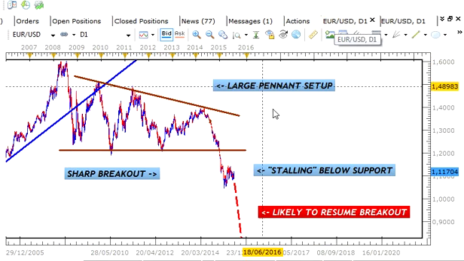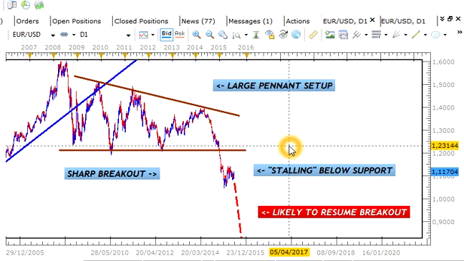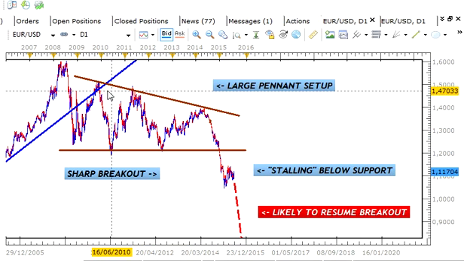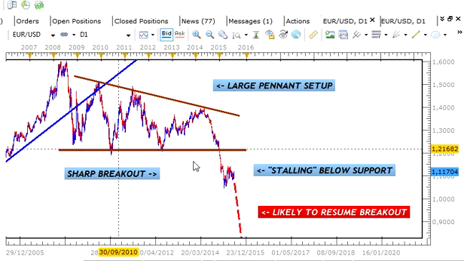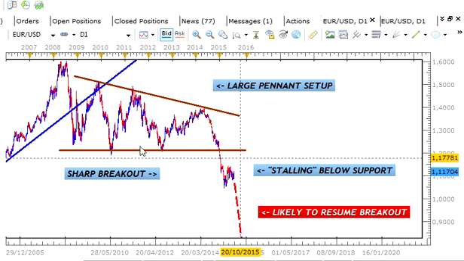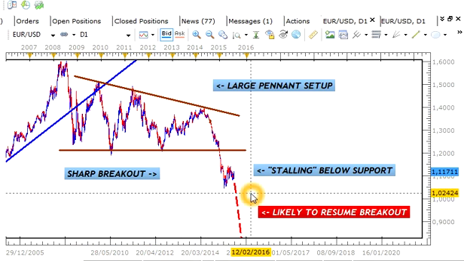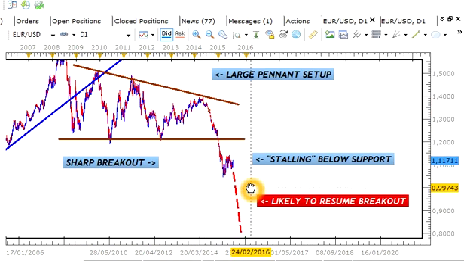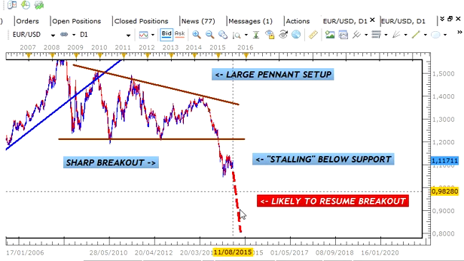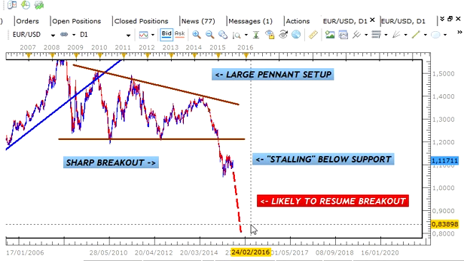Now, in terms of the direction of that breakout, remember that we have actually broken below the major support point of this large pennant setup. So the momentum is on the side of the US dollar to continue in this direction over the course of the next couple of months.